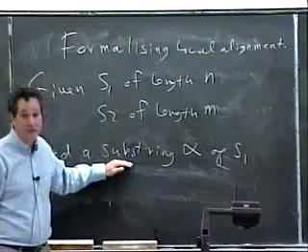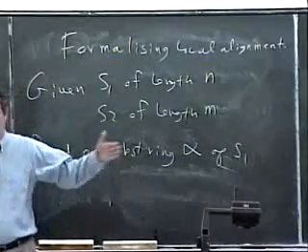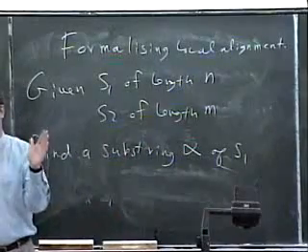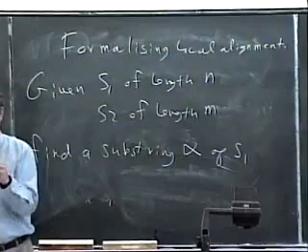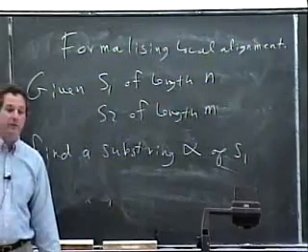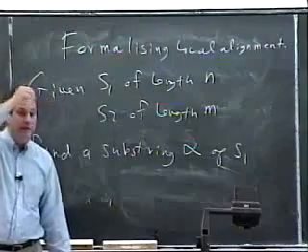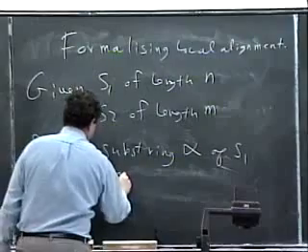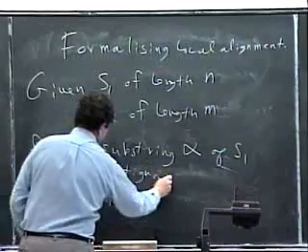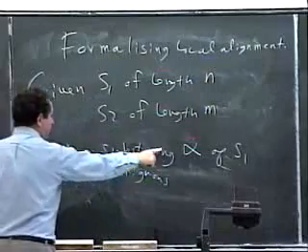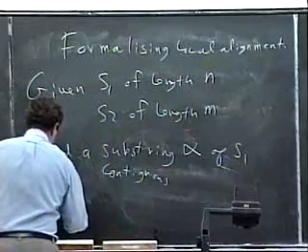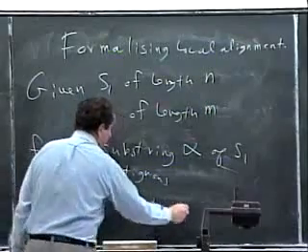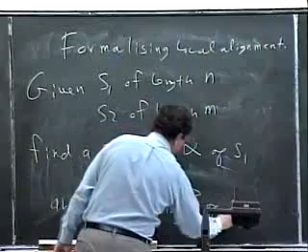And a substring, by the way, is contiguous. You have a long S1. A substring is from position X to position Y. You get to pick X and Y. It's not that this character, and then a little bit later some other character, and a little bit later some other character. That's called a subsequence. But a substring is contiguous. So you want to find a substring alpha of S1 and a substring beta of S2. Okay?